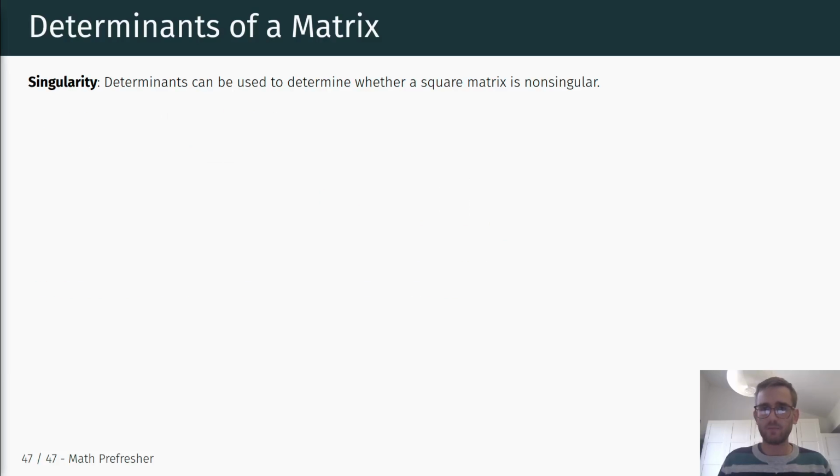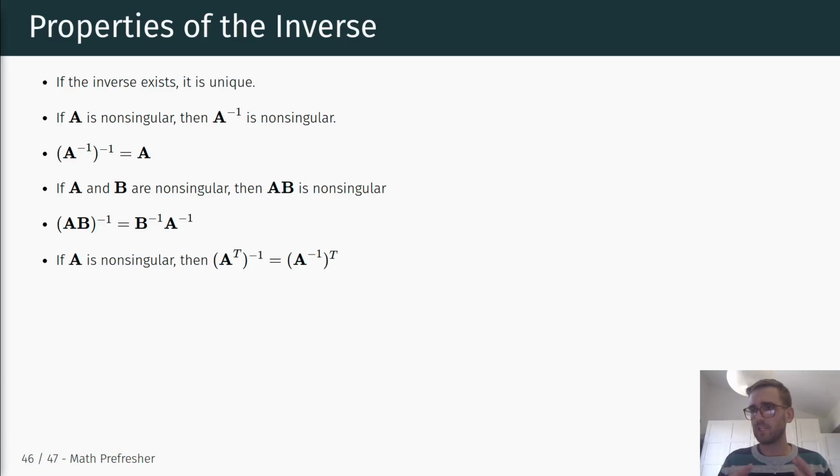I guess the last thing to mention is how this is related to linear independence. In general, in order for a matrix to be invertible, the matrix has to be of full rank, which means that none of the columns or rows are linear combinations of the other rows and columns, okay?